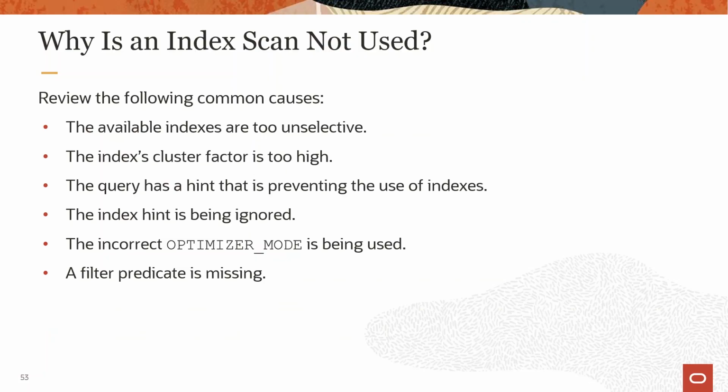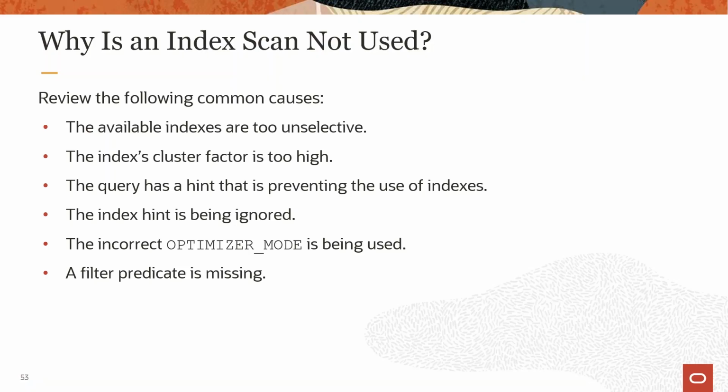Other reasons why the index scan is not being used: the available indexes are too unselective, the index clustering factor is too high. Now, the index clustering factor is something that is discussed in the chapter about the optimizer statistics.